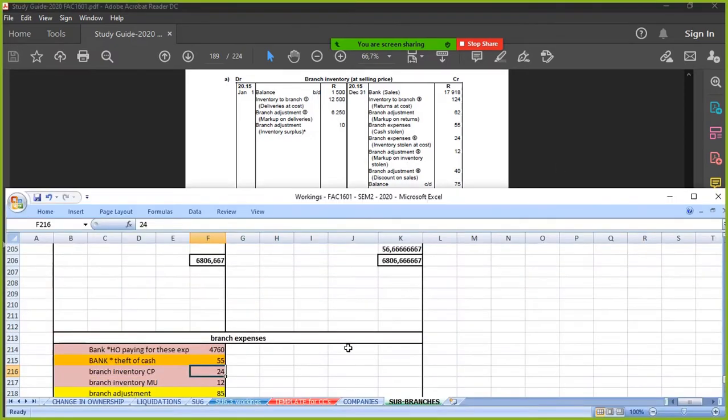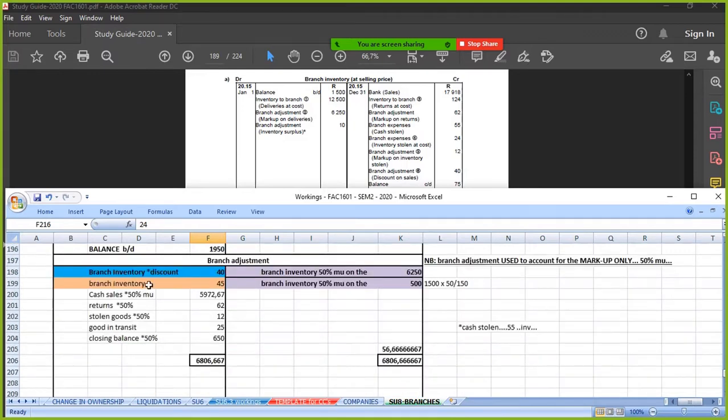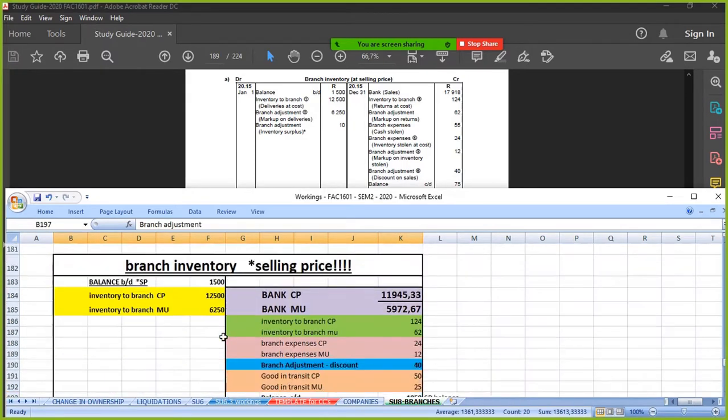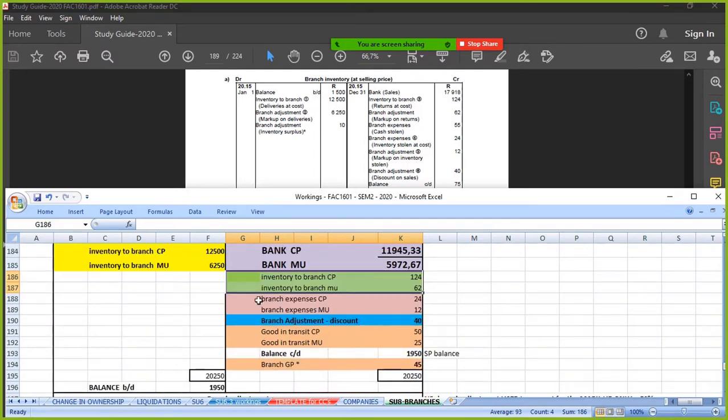So I've done what they've done here. I just need to correct this. I'm going to delete the stuff that we don't need. The markup here I do need because that's selling price. This, do I need this?